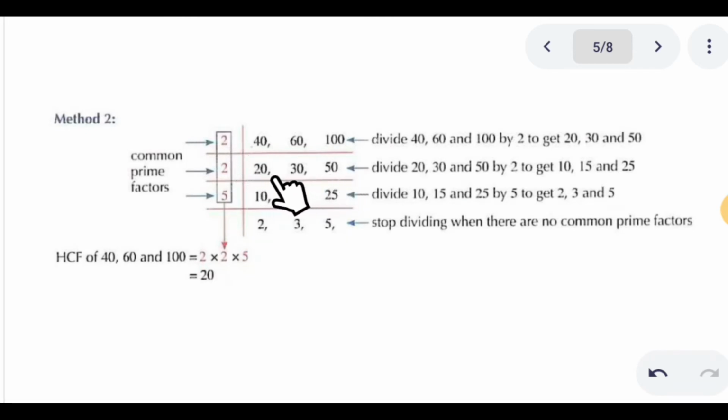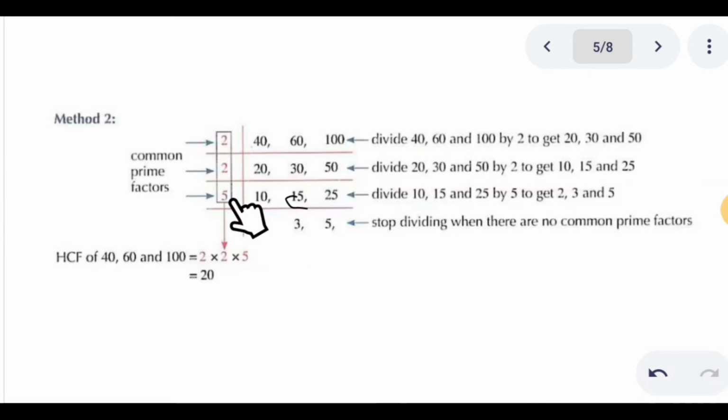And then we see again these numbers are ending in 0, so again we can divide them by 2 and we get 10, 15 and 25. Then we see that 10, 15 and 25 are divisible by the prime number 5, so we divide them and get 2, 3 and 5, and we stop dividing because there are no common prime factors for 2, 3 and 5.